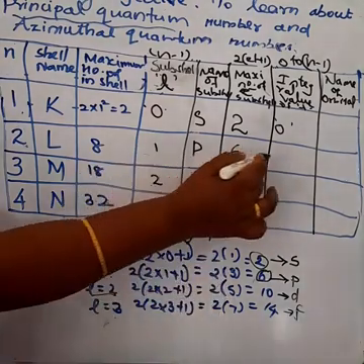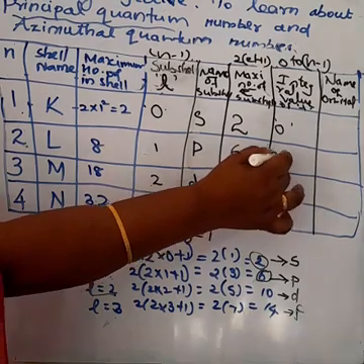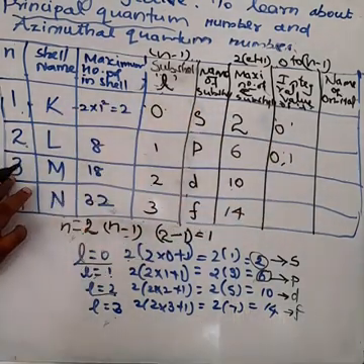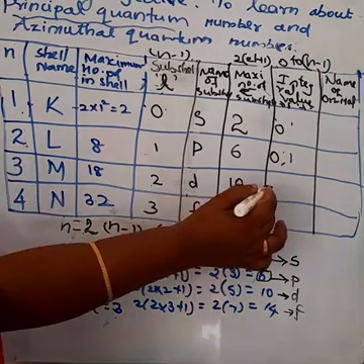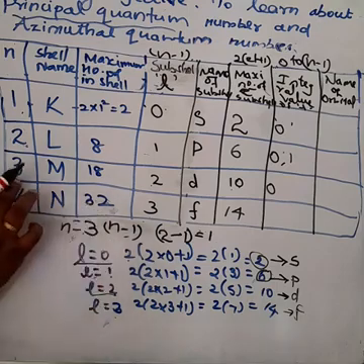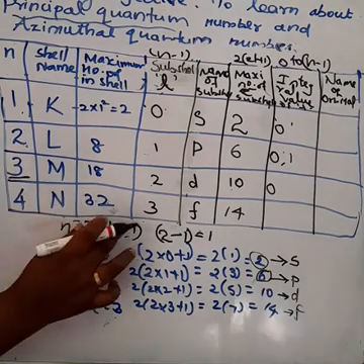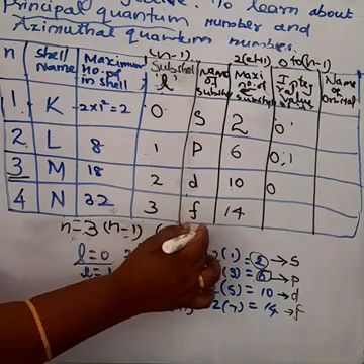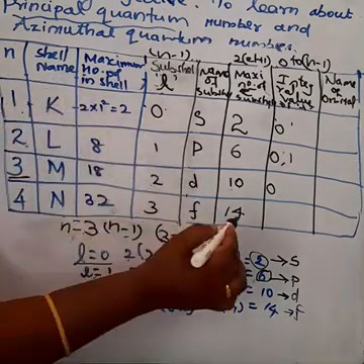And then for the third, the integral value of L we start from 0 to n minus 1, with n value 3, so 3 minus 1 we get 2. So the integral value of L we can start from 0 to n minus 1.